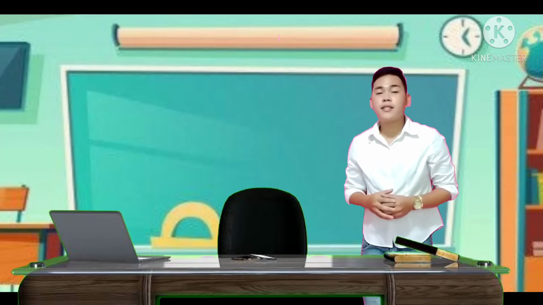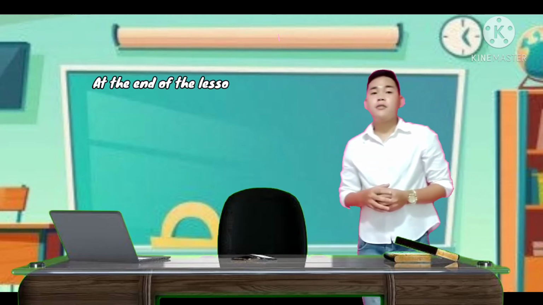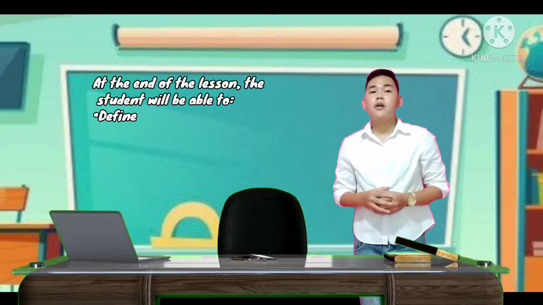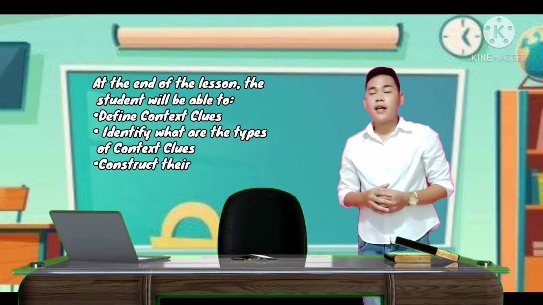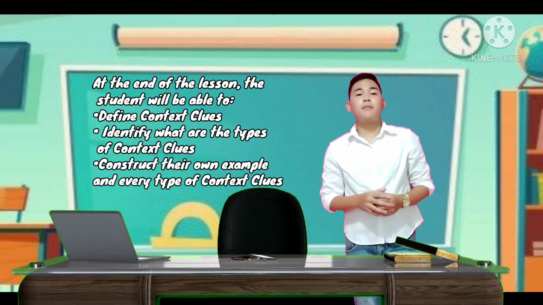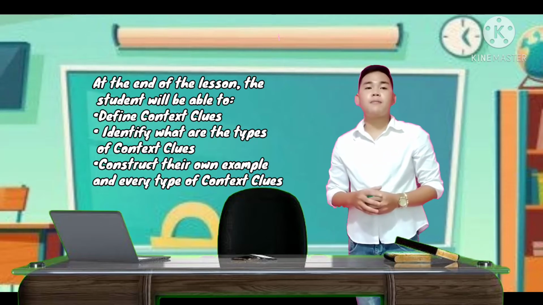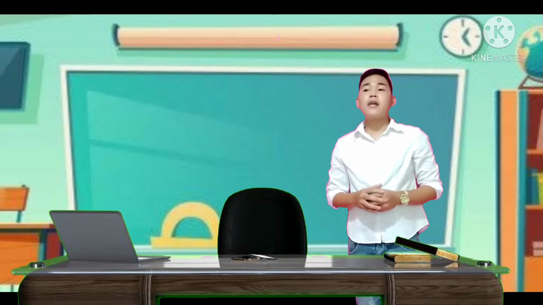Let me read the learning objectives. At the end of the lesson, the students should be able to define context clues, identify the types of context clues, and construct their own examples in every type of context clues. So let's proceed. The class will be divided into 3 groups.